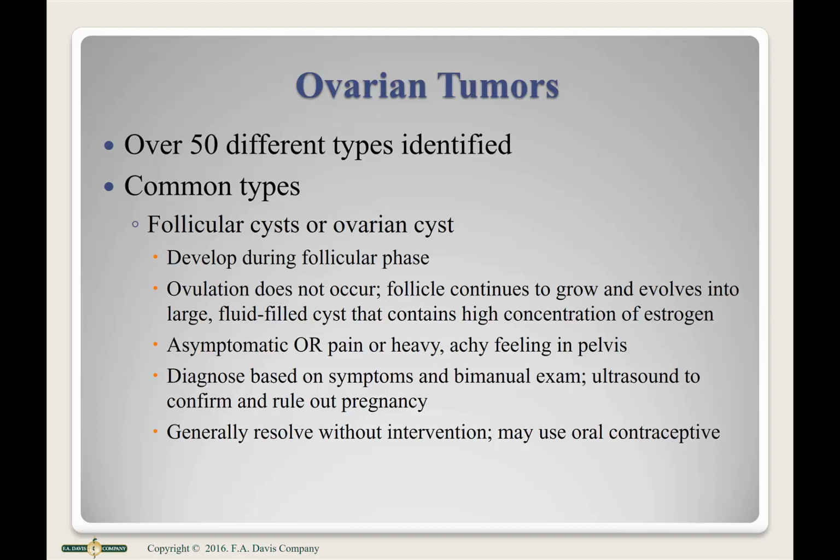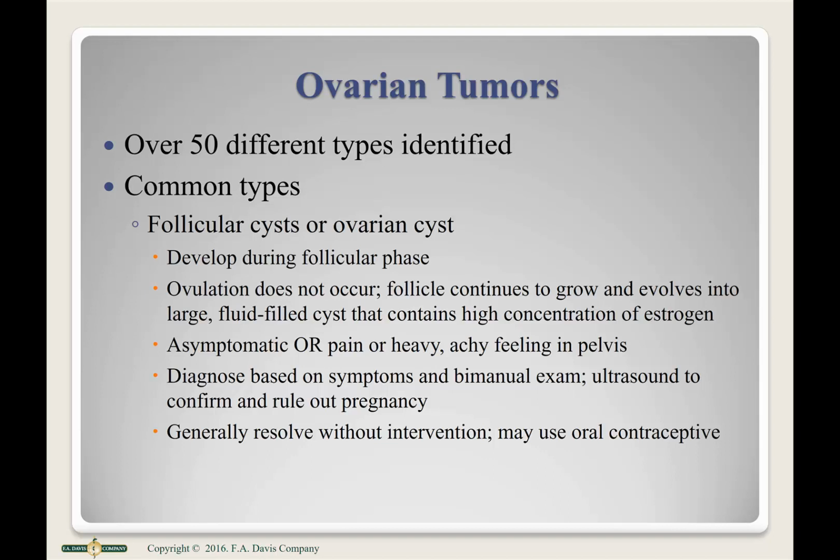And so what happens here is the follicle is growing, it's getting mature, and it's then supposed to spit out an egg or ovulate. Well, that does not occur. So it just continues to grow inside the ovary, becomes a very large, fluid-filled cyst, and it may cause pain, or it may be asymptomatic.